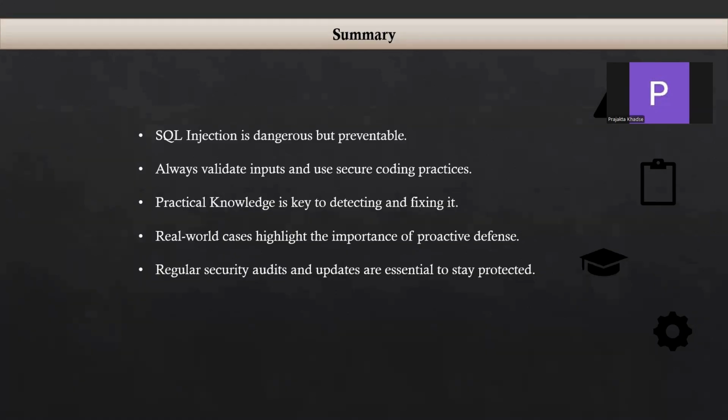Prevention is simple if we follow the best practices like validate input, use parameterized queries, apply the least privilege principle, or use ORM frameworks with a web application firewall, which we have seen in the last slides. So in the end, SQL injection is dangerous but 100% preventable also.